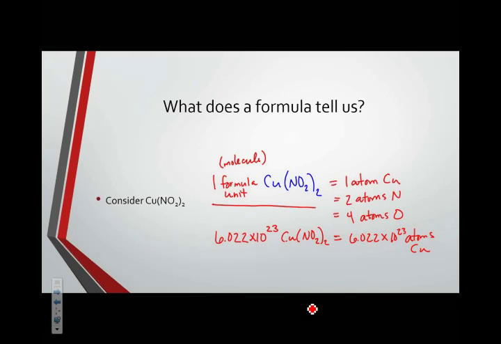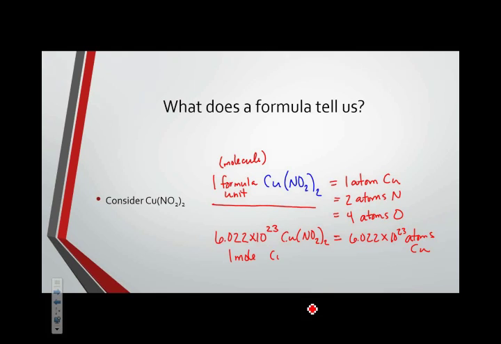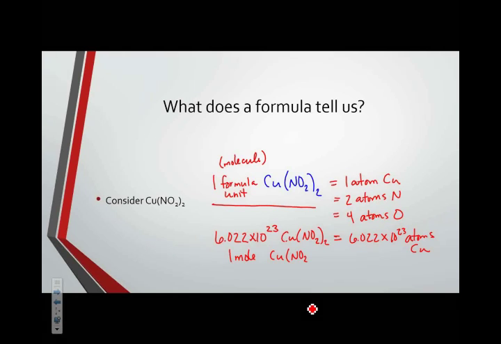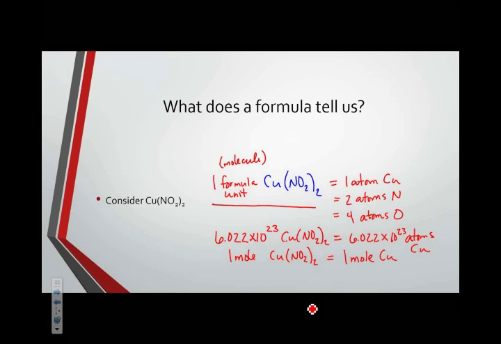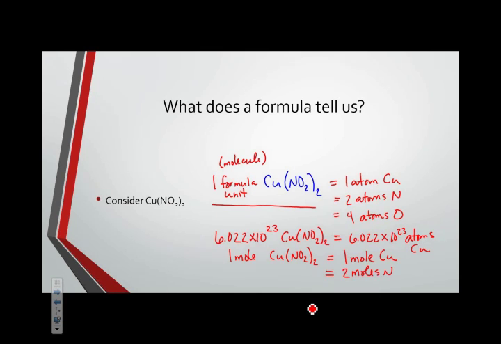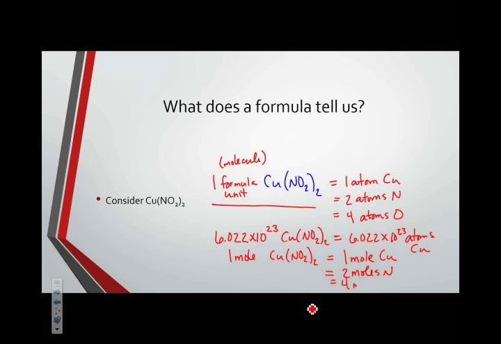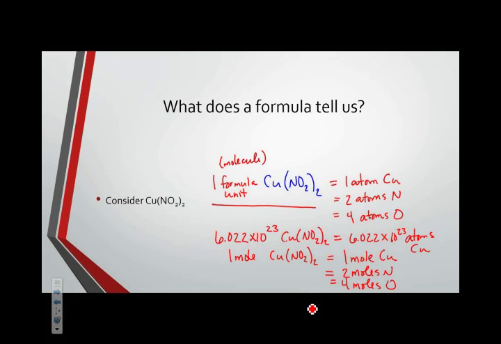Now, the mole allows us to shortcut having to write these really large numbers, because really, this is 1 mole of copper nitrite, which means that in 1 mole of copper nitrite, I have 1 mole of copper. I also have, using the same ratios that I did above, 2 moles of nitrogen, or 4 moles of oxygen.